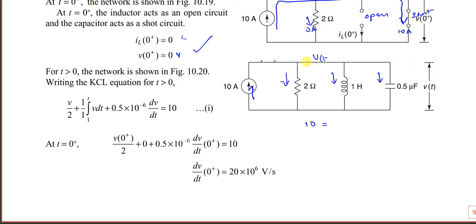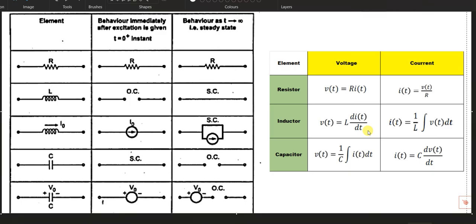This full node is V of t only. The current through the resistor is V of t by 2, because if you consider this as ground, the potential difference is V of t minus 0, divided by 2. Then the current through the inductor and the current through the capacitor. Since it is a parallel circuit, the current through the inductor is 1 by L integral of V of t dt, and the current through the capacitor is C into dV by dt.